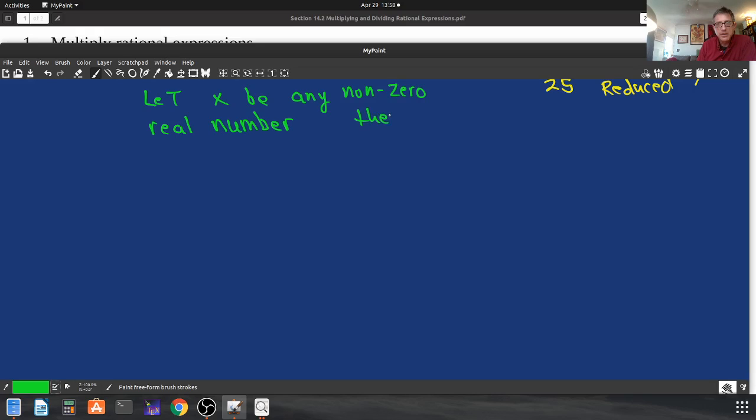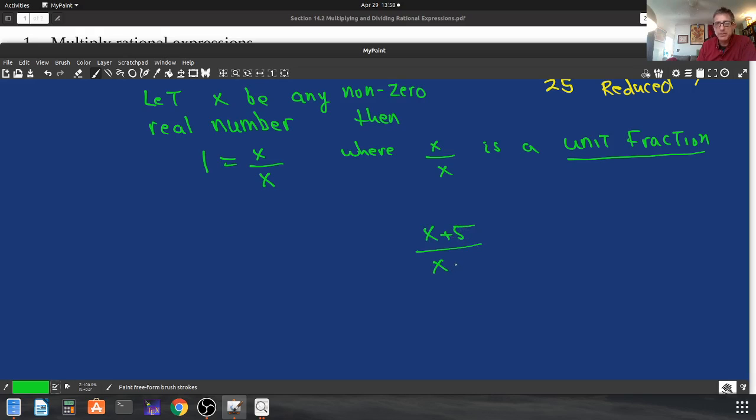Then 1 is equal to x divided by x, where x divided by x is a, and here's the word, unit fraction. Why is it a unit fraction? Because it's equal to 1. So that means x plus 5 divided by x plus 5 is also a unit fraction.